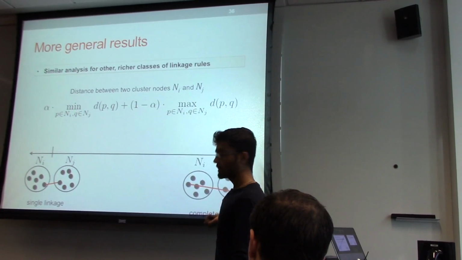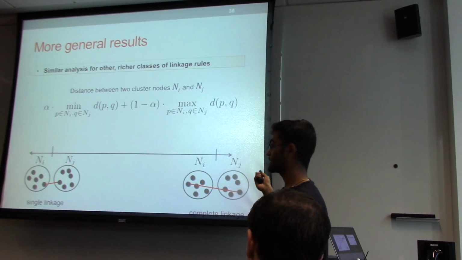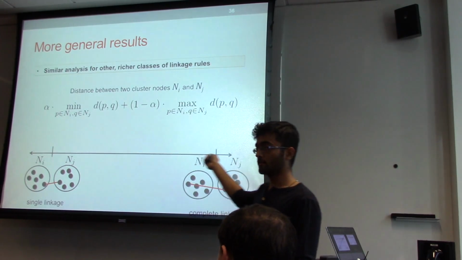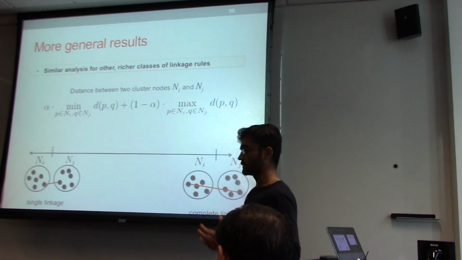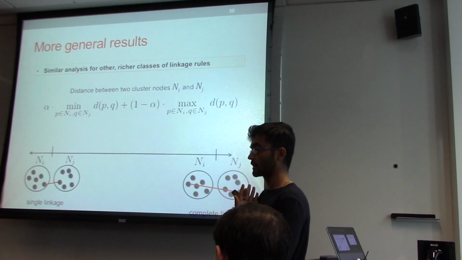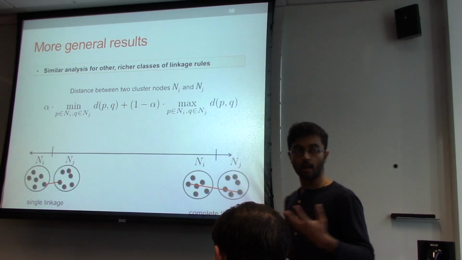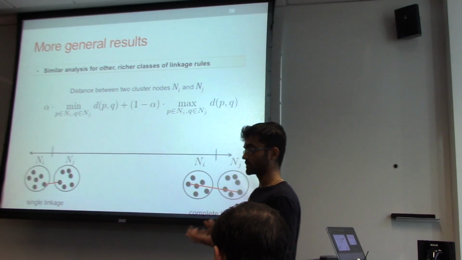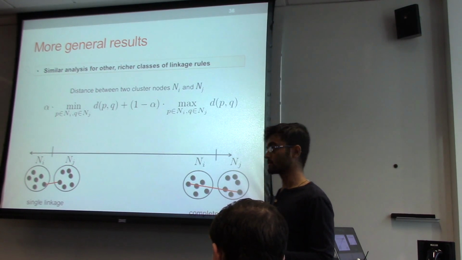Okay. We also have more general results. As I said, we had the simple notion of alpha linkage at first. Recall that in the first step of my agglomerative clustering techniques, I wanted to merge the points into clusters, and I had to define a notion of distance between clusters in order to choose the two closest clusters to merge.